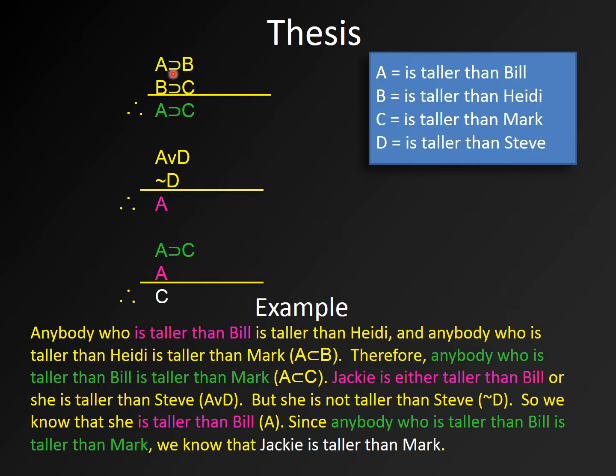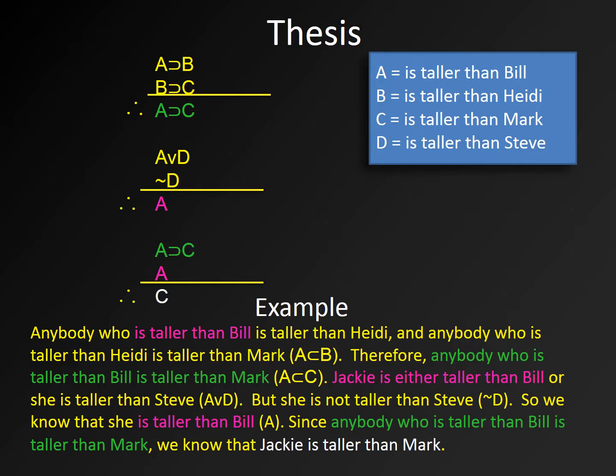So here we have a hypothetical syllogism. Here we have a disjunctive syllogism. And here we use both those as premises to reach another conclusion. And again, it's all about form here since we're doing deduction.